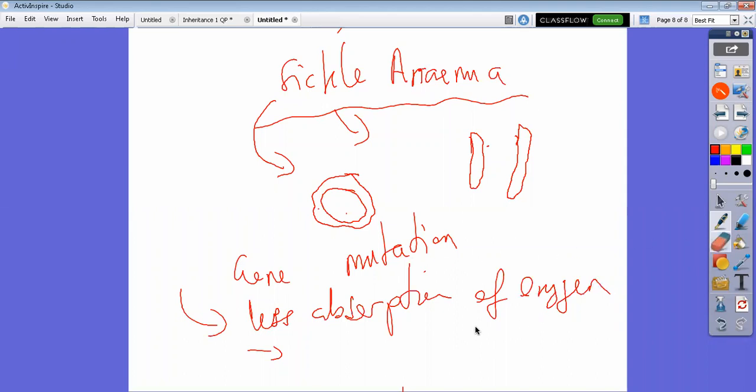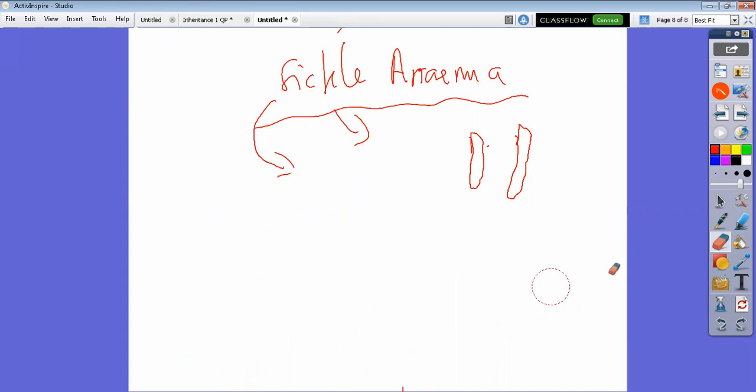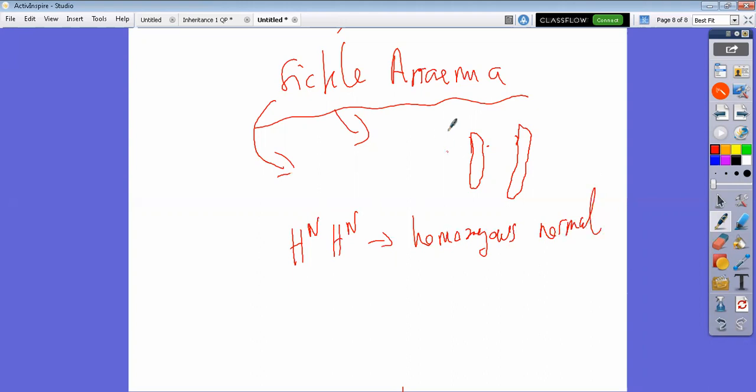So, having said that, on sickle cell, now let's use examples. Let's say H here is for hemoglobin, HN, HN. So this is homozygous normal. It means this person has no traits of sickle cell.